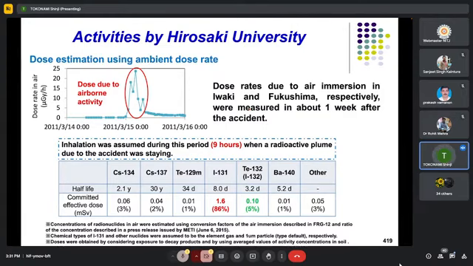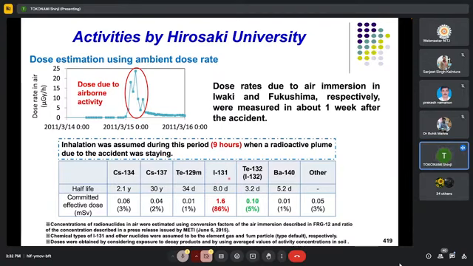So we tried dose estimation using ambient dose rate. Dose rate due to air immersion in Iwaki and Fukushima respectively were measured within 1 week after the accident. Eventually, exposure was assumed during this period to be 9 hours, when a radioactive plume due to the accident was staying.